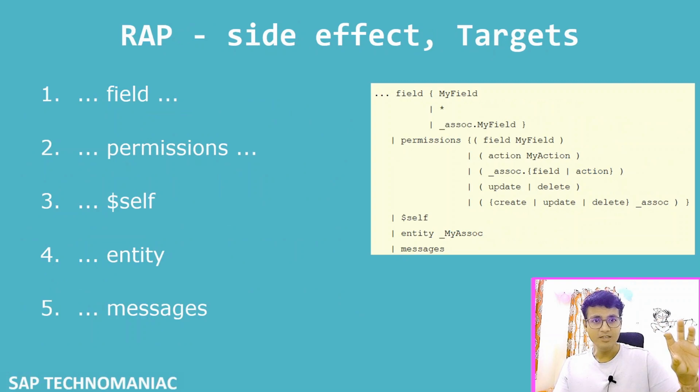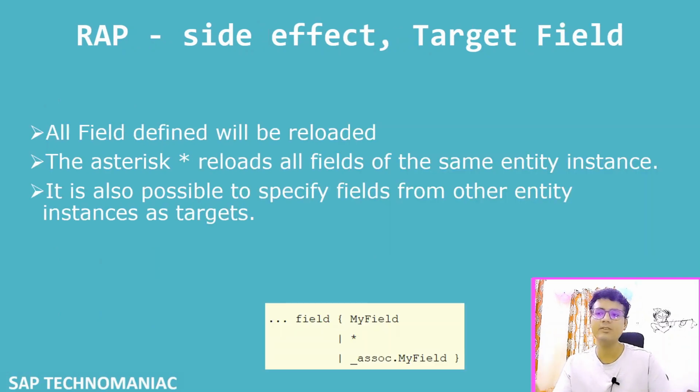The target can be a field whose value you want to reload, or multiple fields, or the permissions, or the entire entity fields, or the entity itself, or the associated entity or messages. We will discuss in detail one by one. First, the field; for example, in our case, we need the field.